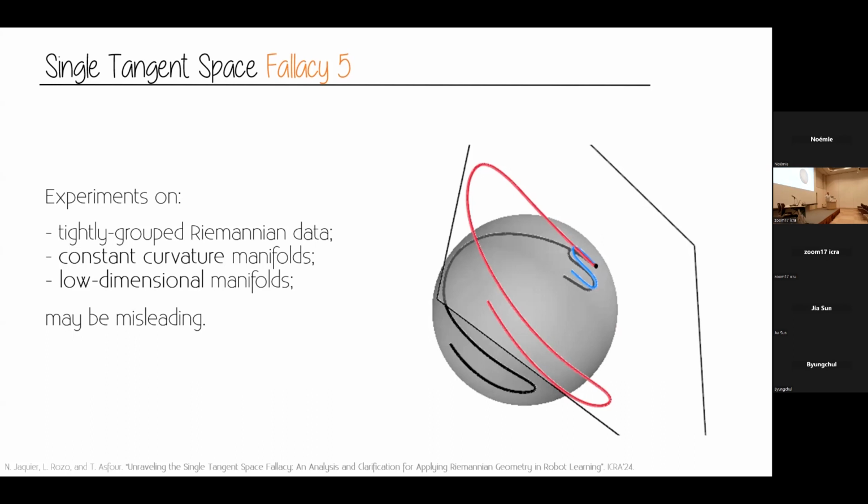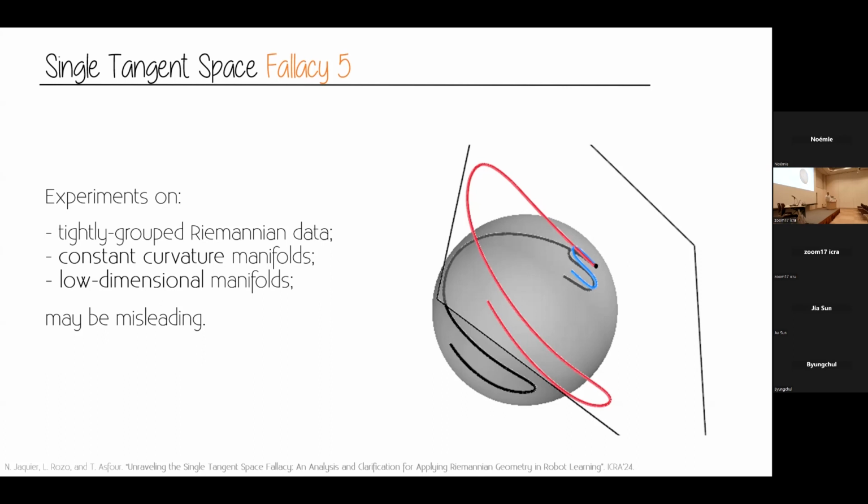actually use data that are concentrated in a very small region of the manifold. Therefore, when they compute some statistics or some optimization, the fact that the data is tightly grouped in a small region of the manifold creates this fallacy, a misleading analysis of the results, suggesting that a single tangent space might suffice.